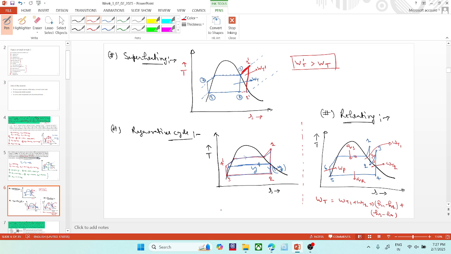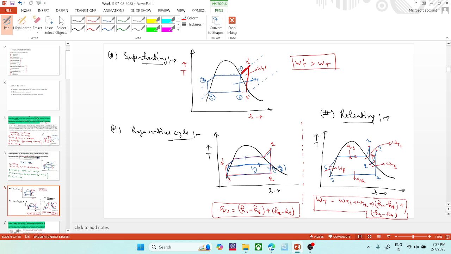The total heat added would be QS equals H1 minus H6, this part from here to here, plus H3 minus H2 the second part from here to here. The rest of the calculation would be the same as we have done in the earlier Rankine cycle. These are the three modifications we have learned in this week.